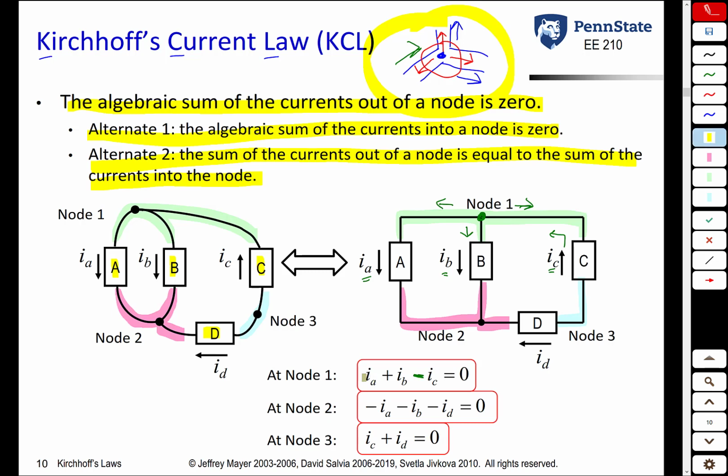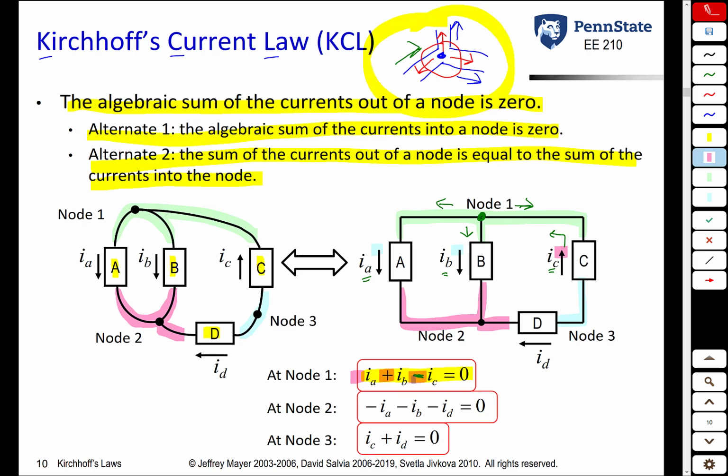So we get IA plus IB minus IC is equal to 0. A good way to remember whether to write a plus or a minus: if you hit the tail of the arrow first, you write plus. If you hit the head of the arrow first, you write minus. So we get plus IA plus IB minus IC.